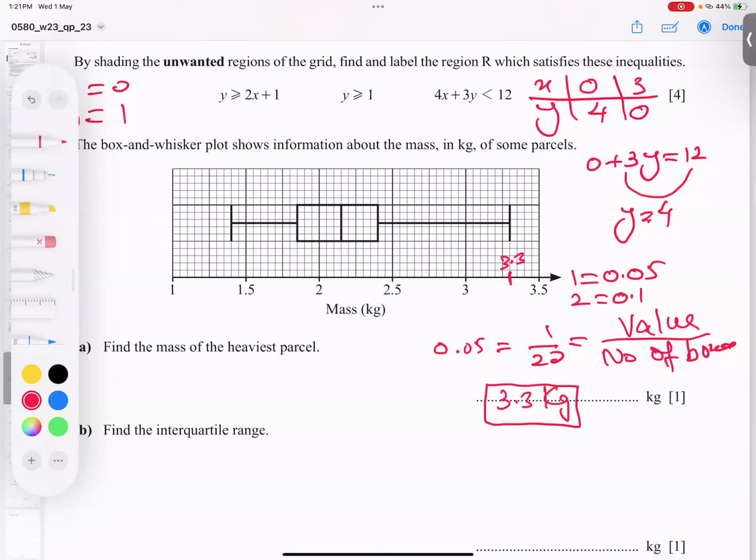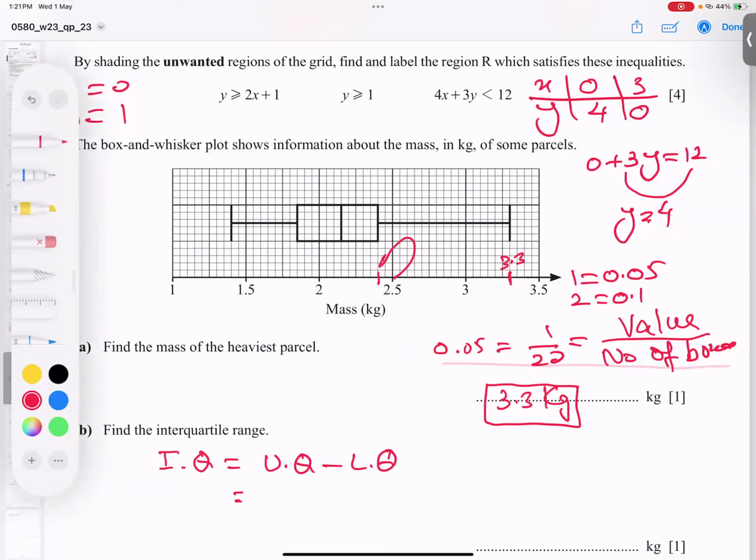And now he's asking interquartile range. Student, how to find it? What is the formula? Basically, the interquartile range formula is upper quartile minus lower quartile. This edge represents the upper quartile. So 2 boxes back from 2.5.